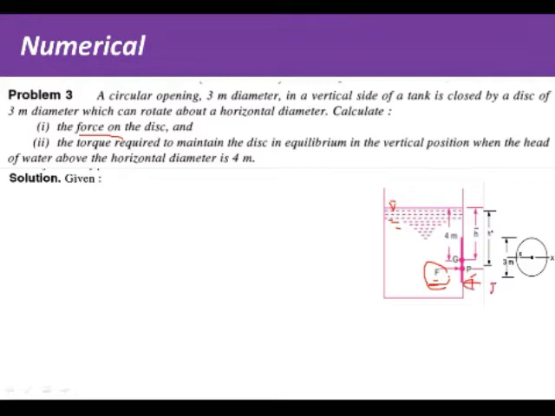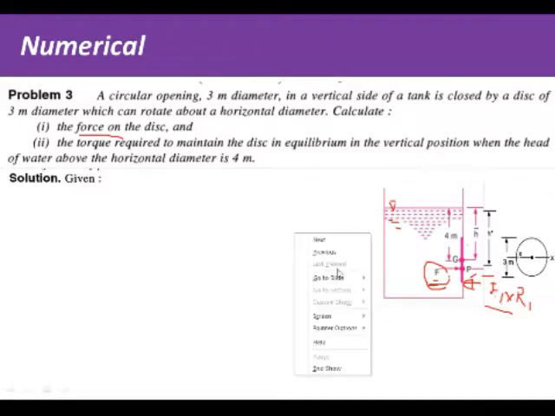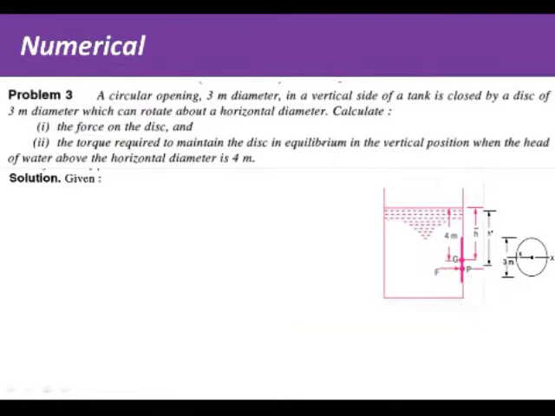If we calculate the value of force F1, then F1 multiplied by the radius of this disc, or the total distance, is the torque required to be maintained at the other end. So we are supposed to find the torque required to maintain the gate in vertical position. This is the given problem.